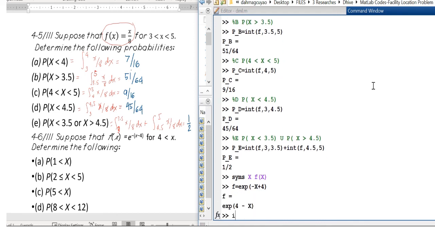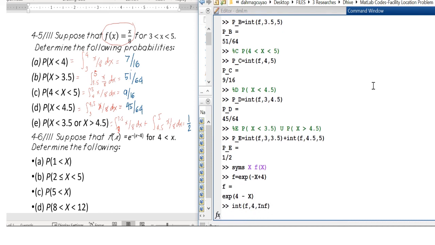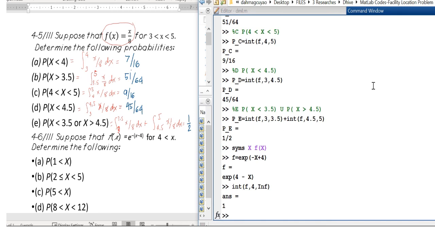We try to integrate the function from 4 to infinity. Doing that, the integral is 1.